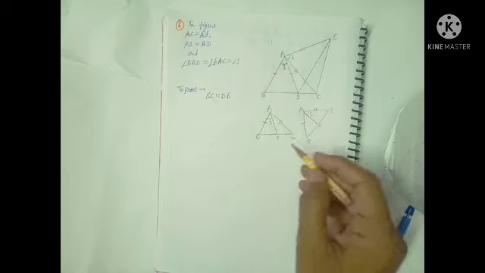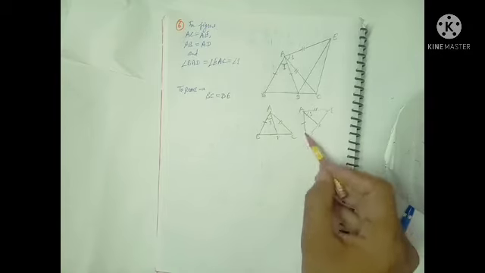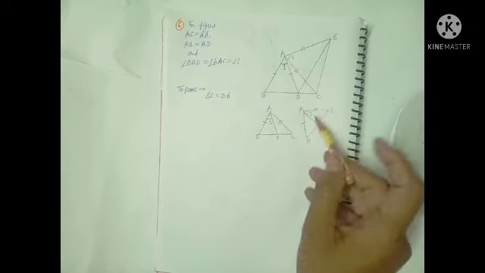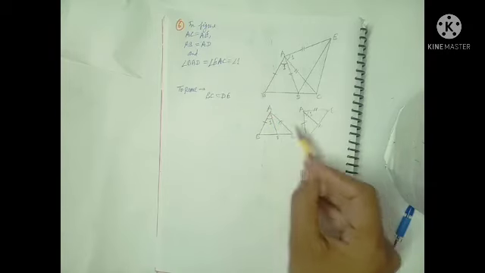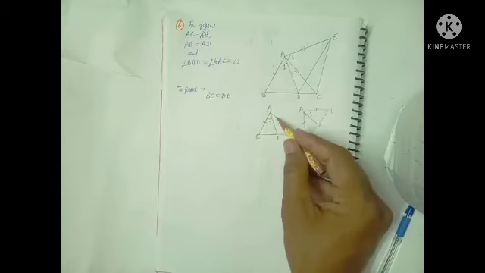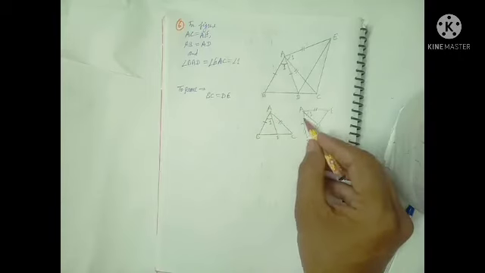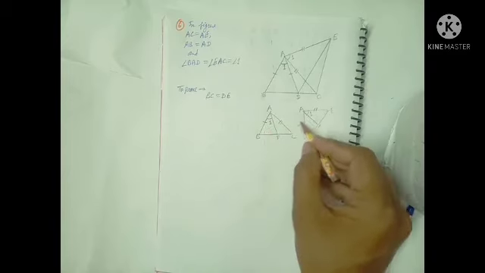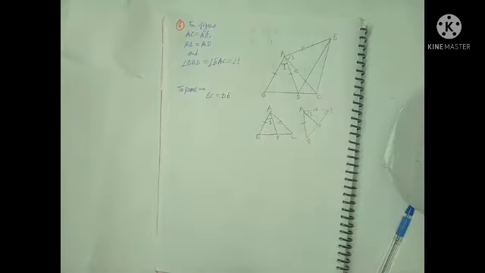Now what you can observe, AB is equal to AD, it is given, and AC is equal to AE, this is also given, and angle 1 and angle 1. But we want this whole angle. If you prove this whole angle and this whole angle are equal, then we can say both triangles will be congruent by SAS.